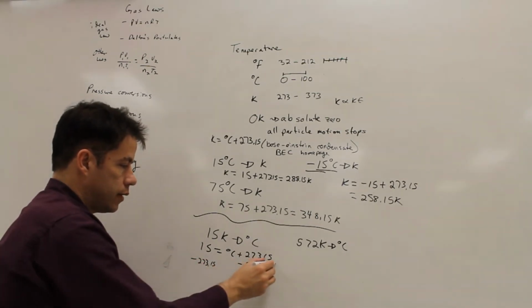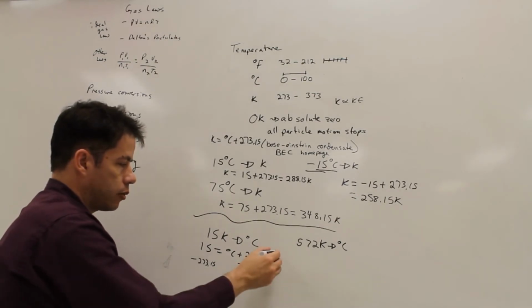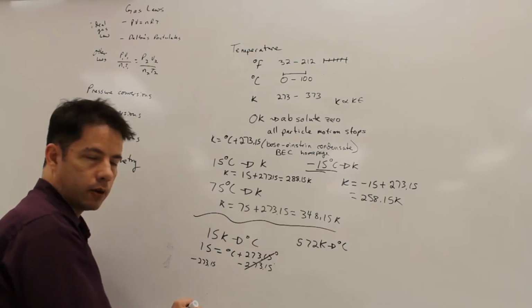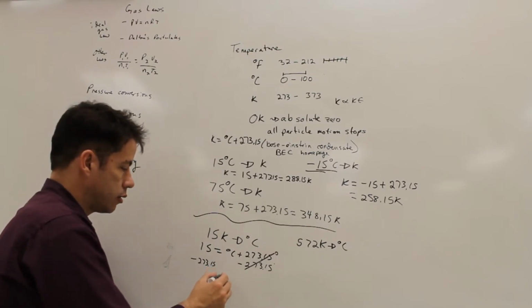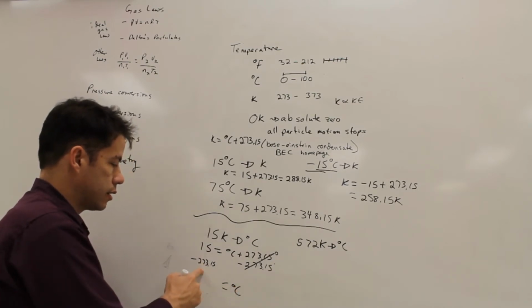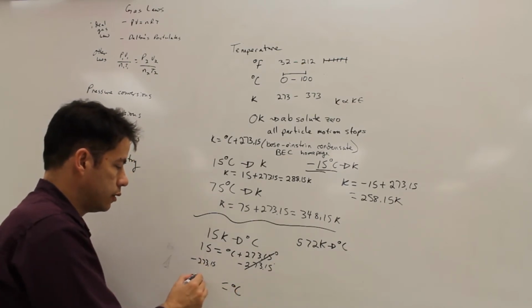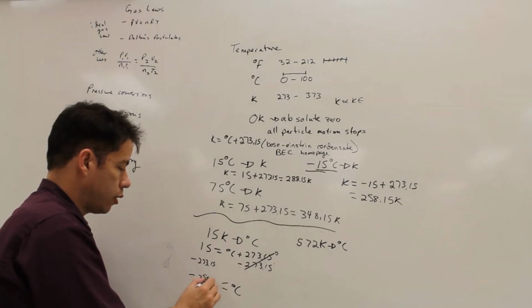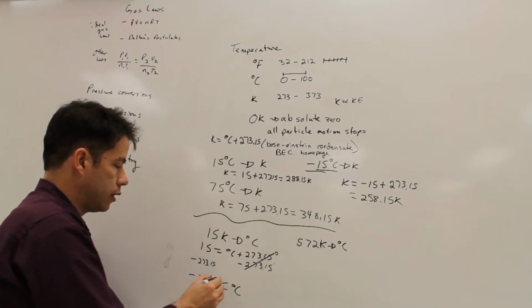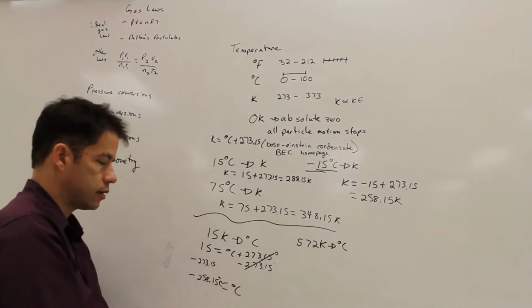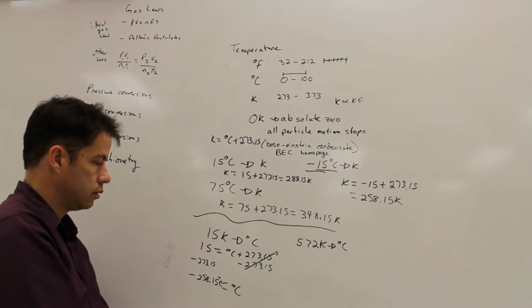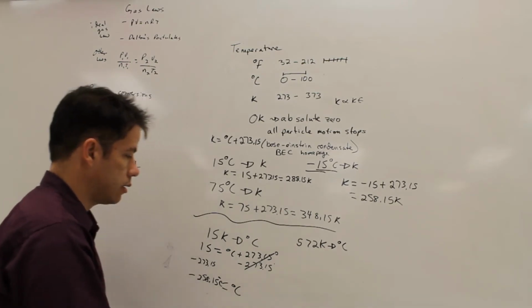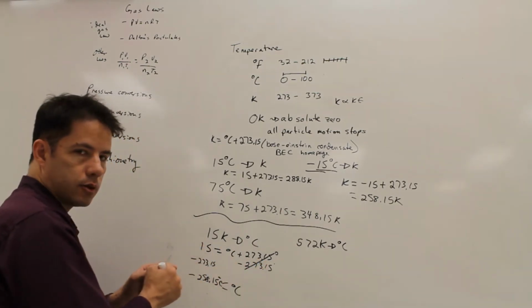Okay? 273.15 minus 273.15 is 0, right? So degrees Celsius is now going to equal this, which is going to be negative 258.15 degrees Celsius. Okay? See how I did that? You just plug the numbers in, you're going to subtract from 273.15.